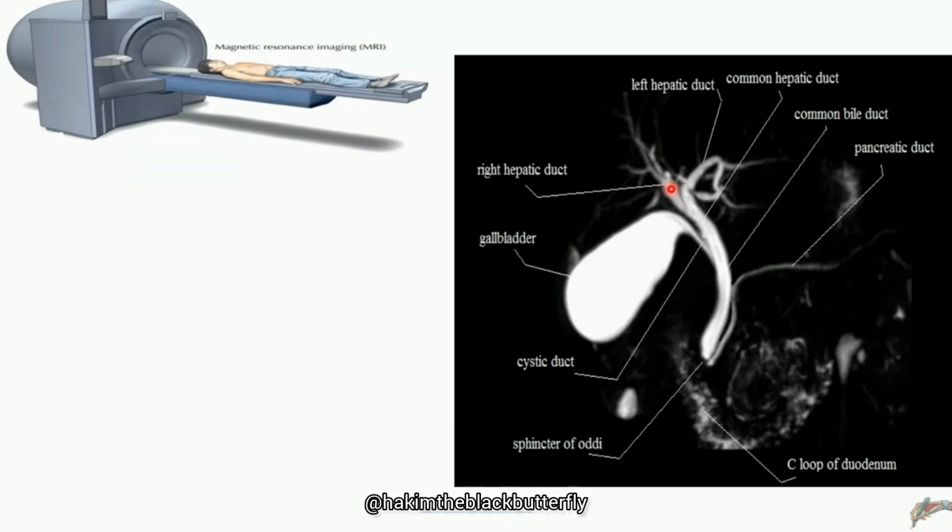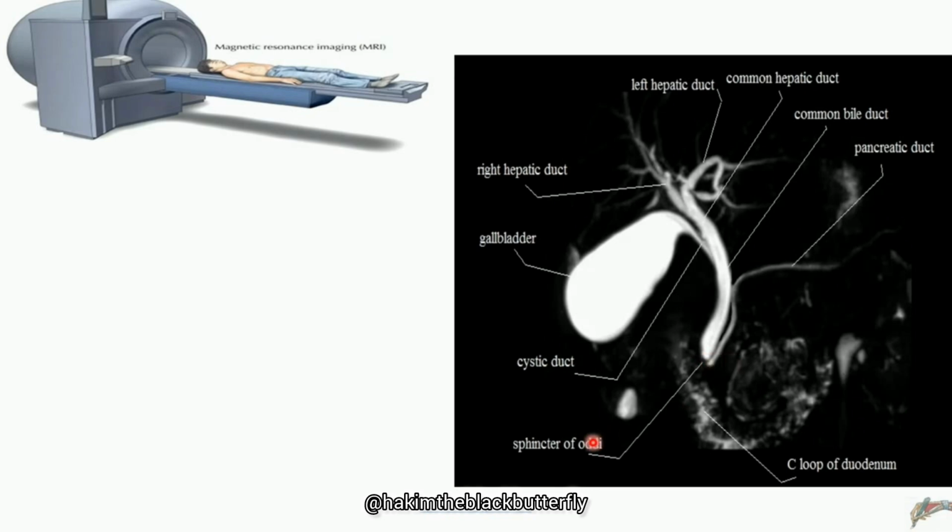These two are going to join to form the common hepatic. As you can see, the common hepatic is going to be joined by the cystic duct, okay, to form the common bile duct, which will later fuse with the main pancreatic duct. And let's say these two will join to form the ampulla of Vater, which will be surrounded by the Sphincter of Oddi, which will then later empty into the duodenum.